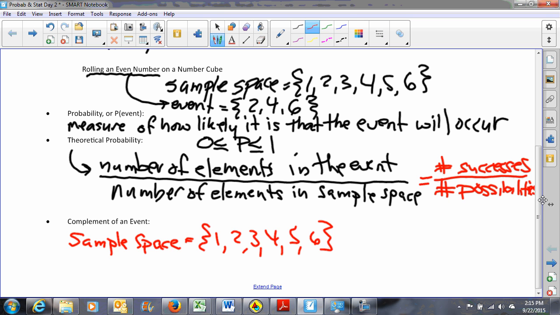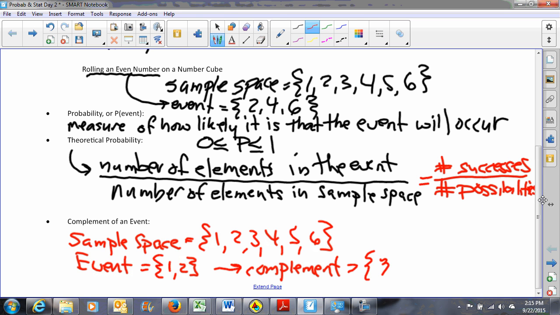And let's say our event is we get a 1 or a 2. Well, now the complement of the event would be the elements in the sample space where the event didn't occur. In other words, in this case, it would be 3, 4, 5, and 6.